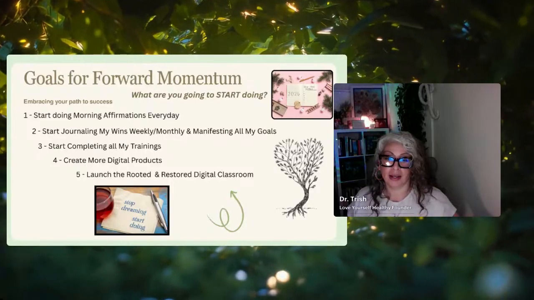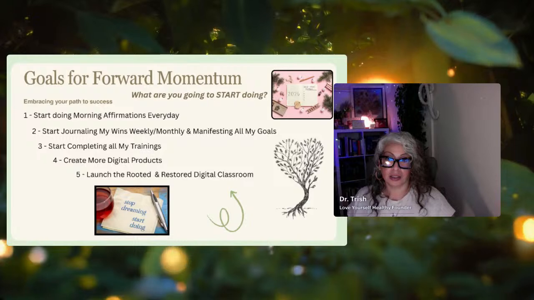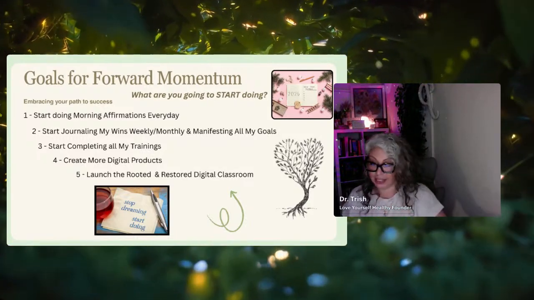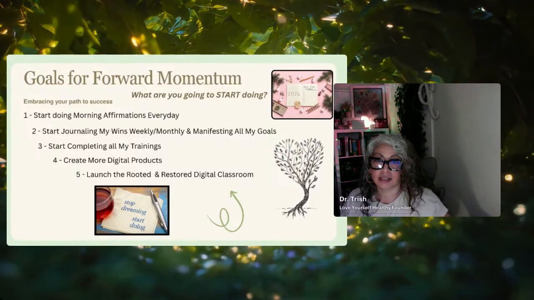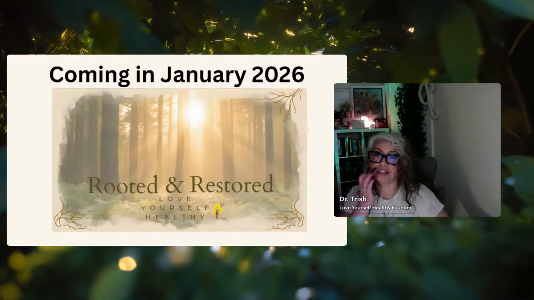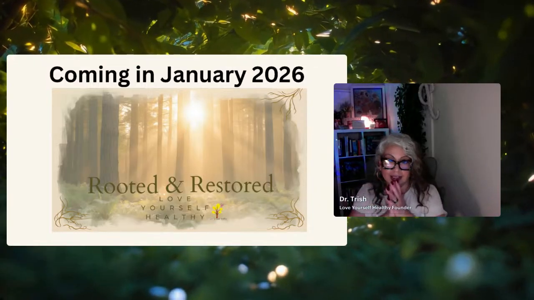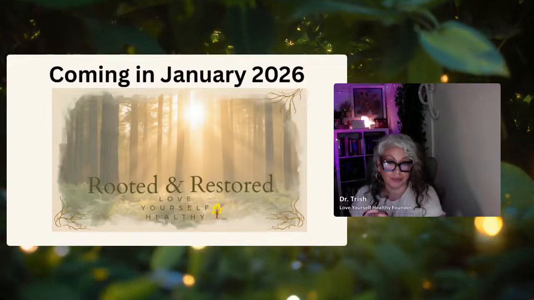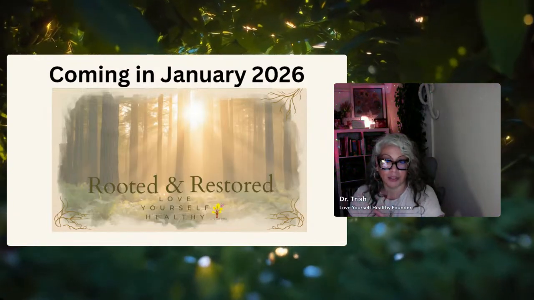Okay, and let me see what else. I worked on this on Canva today. Oh, hold on, guys. Here we go. Okay, so this is what it looks like. It's coming in January. This is the Rooted and Restored Love Yourself Healthy digital classroom that I'm going to be having for my community.